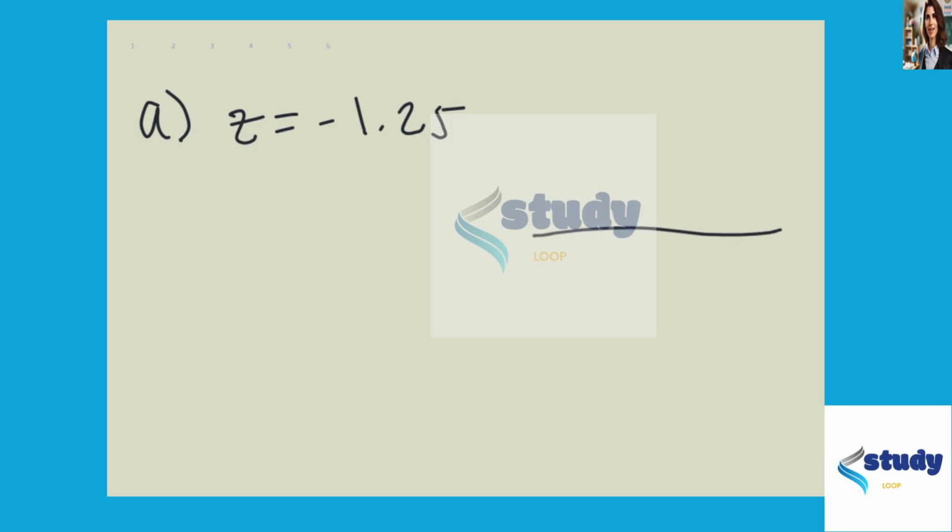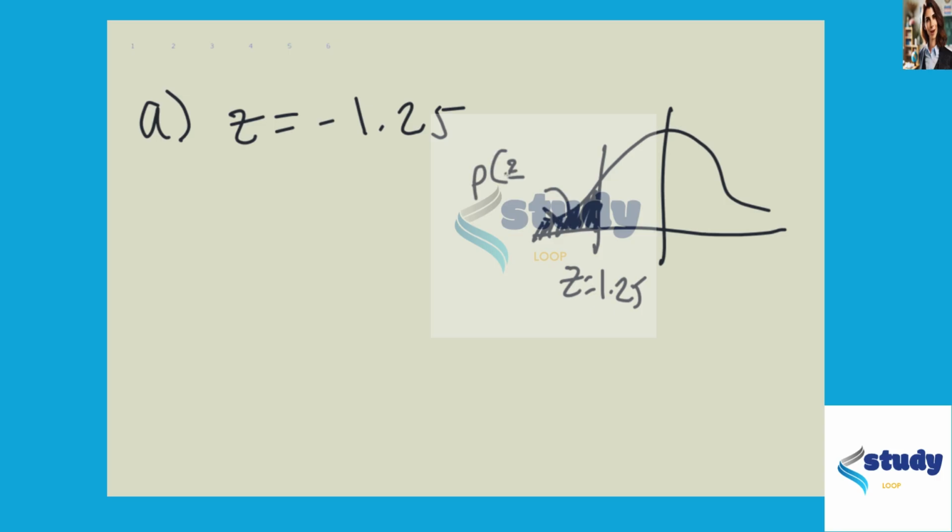So what does this p-value tell us? It tells us the area under the curve to the left of our z-score, z equals negative 1.25. So we're finding this area right here. What is the probability that z is less than or equal to negative 1.25?